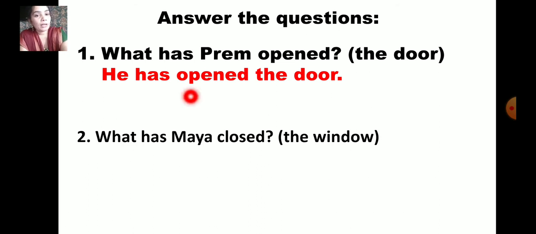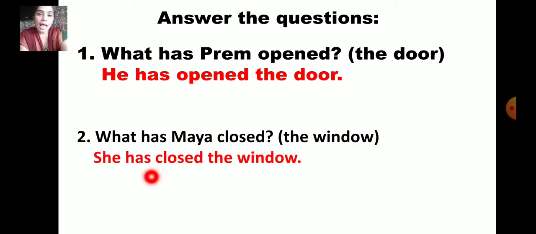Or you can write, he has opened the door. Number 2. What has Maya closed? Here we can understand she has closed the window. So what is the answer? She has closed the window.